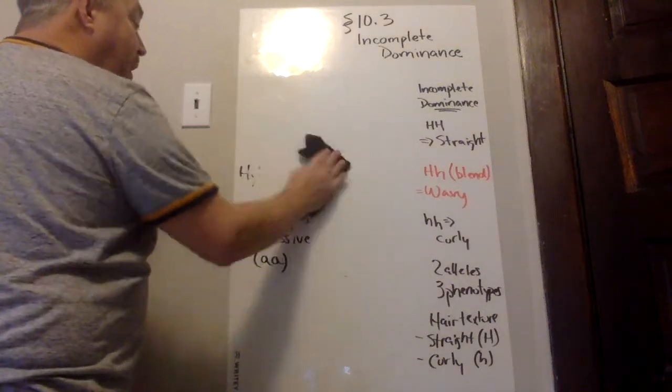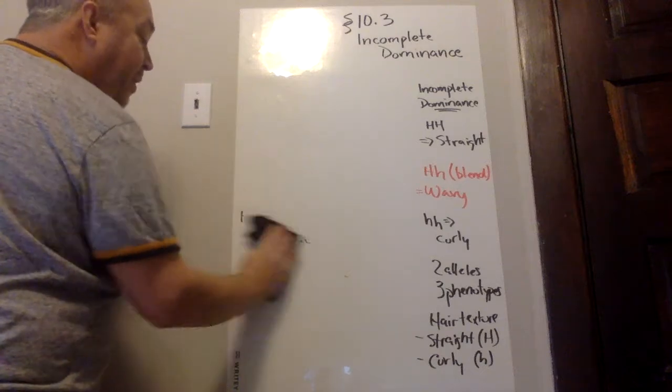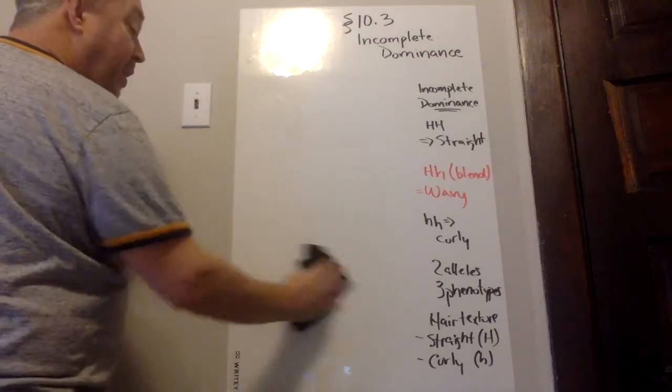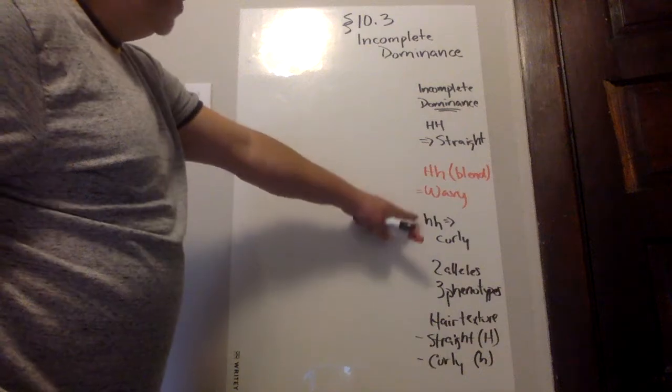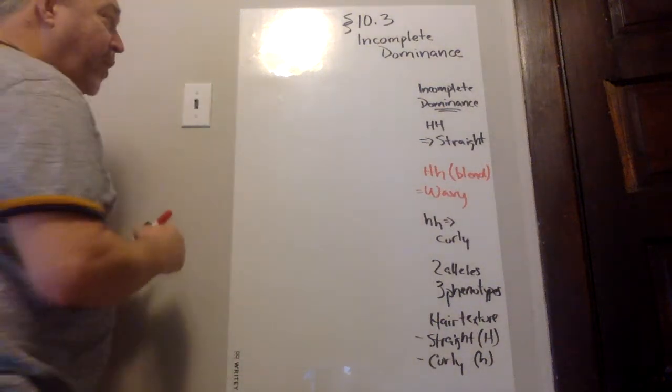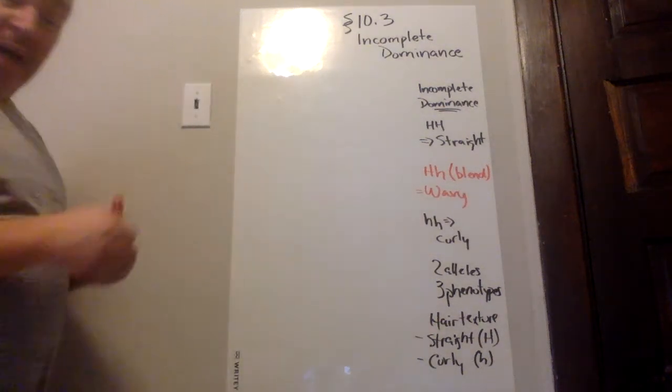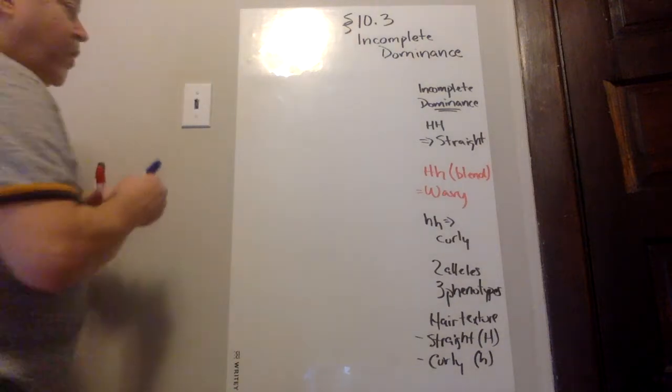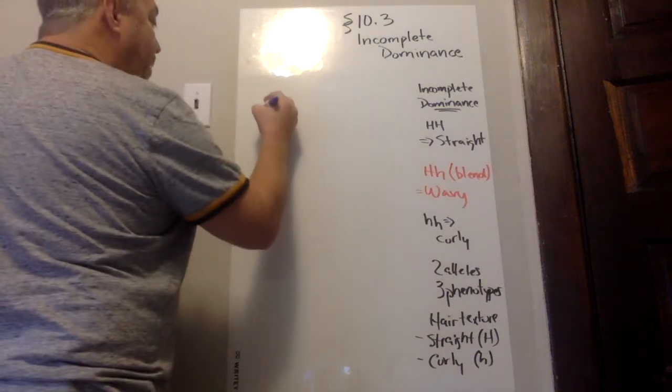So incomplete dominance means we have the ability of that recessive allele to show through a little bit. Complete dominance, the dominant allele, if present, will always be expressed. It's still being expressed here, but not completely overcoming this. So incomplete dominance means the recessive allele can be seen a little bit.